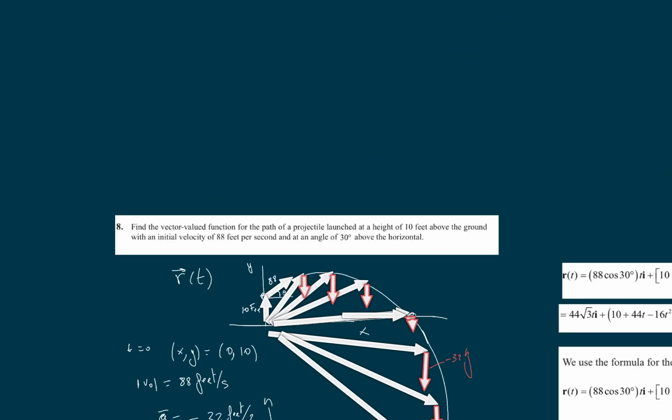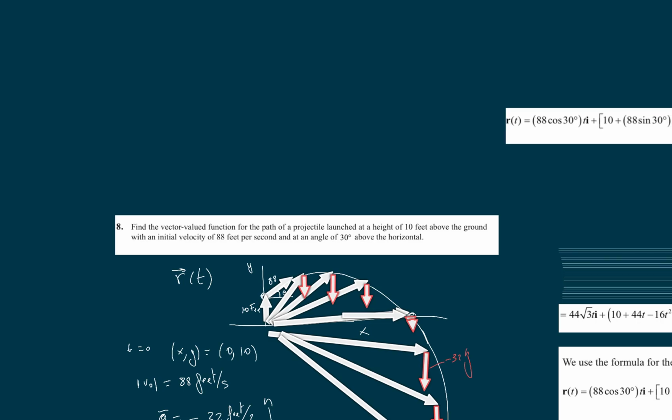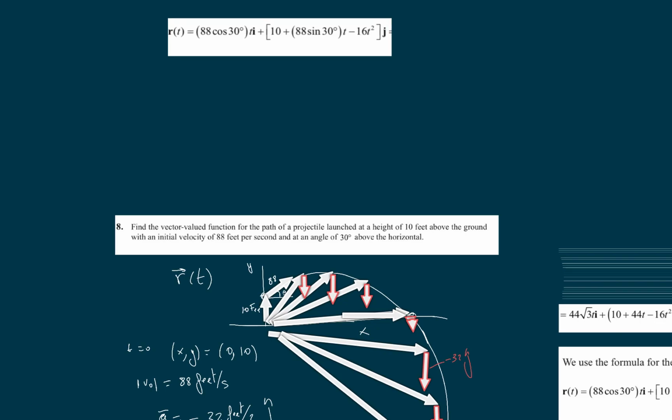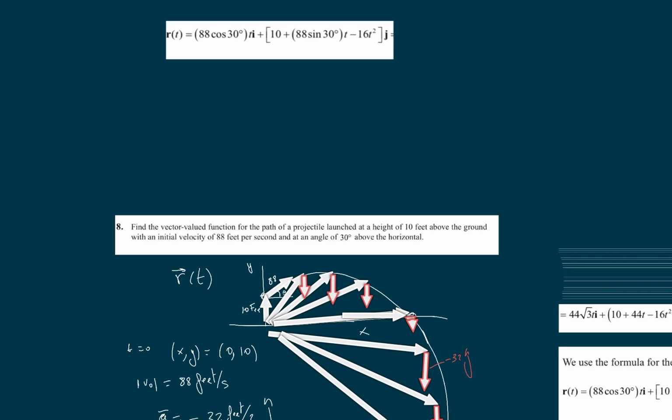Then, to make the summary, we found the position vector r of t like 88 cosine of 30 t i plus 88 sine of 30 t j, and this is the equation that we have found.